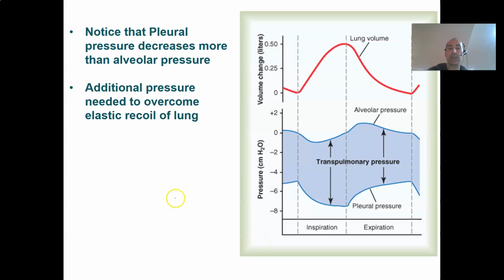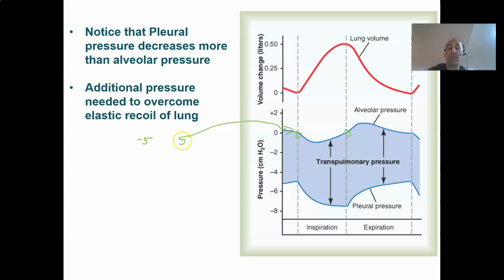And when we did this just now, there's no air moving here, and there's no air moving here, so alveolar pressure must be 0. But pleural pressure, remember, was -5, and transpulmonary was +5.